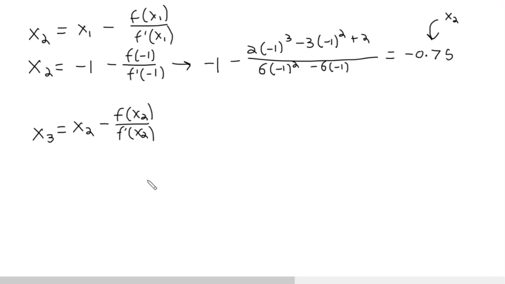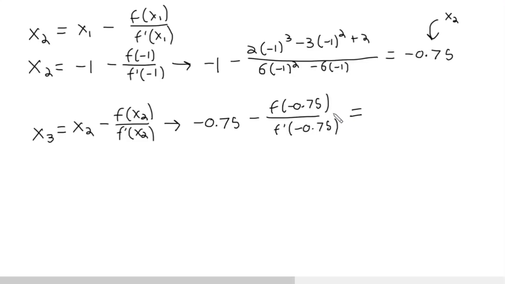Okay, so now all we have to do is really just plug in, because remember what x2 is. x2 is negative 0.75. So this is going to become negative 0.75 minus f of negative 0.75 over f prime negative 0.75.